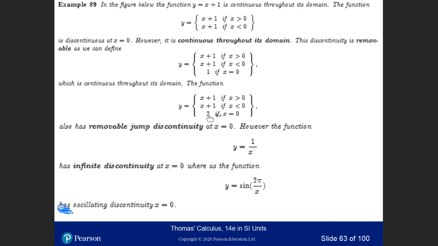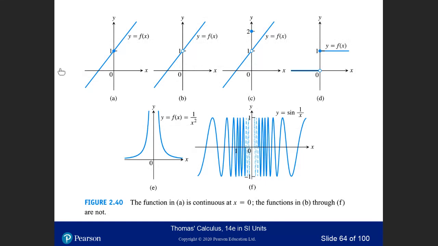If you put 2 here, again the function is not continuous at x equals 0 because the limit is equal to 1 and the function value is not equal to 1. Okay, let me just show that here. y is equal to f of x is continuous here. Here y is equal to f of x not defined at 0, it's not continuous here because one of the requirements of a continuous function is that it must be defined.